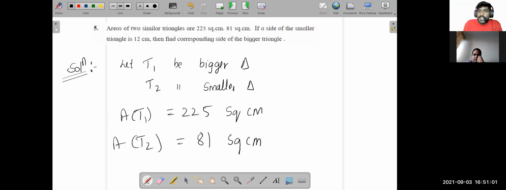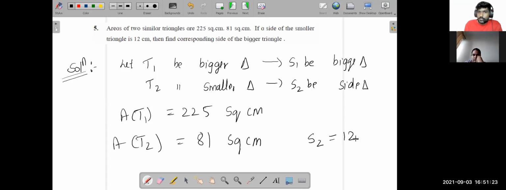And let S1 be the side of the bigger triangle and S2 be the side of the smaller triangle. Now the side of the smaller triangle, that means S2, is given as 12. You have to find out what is S1.